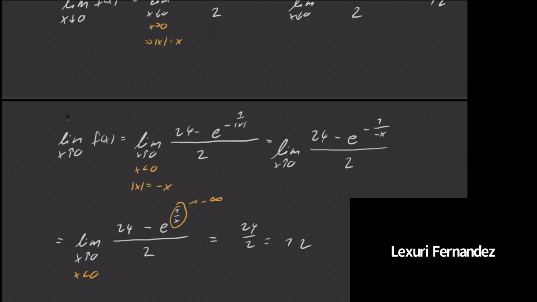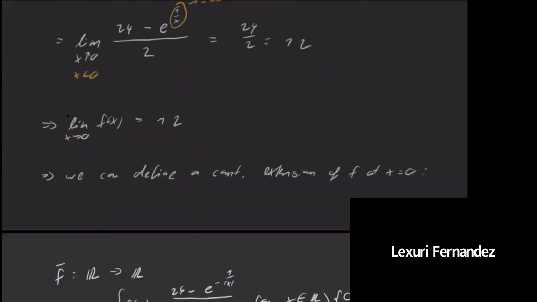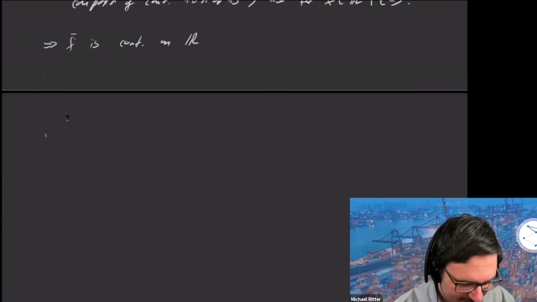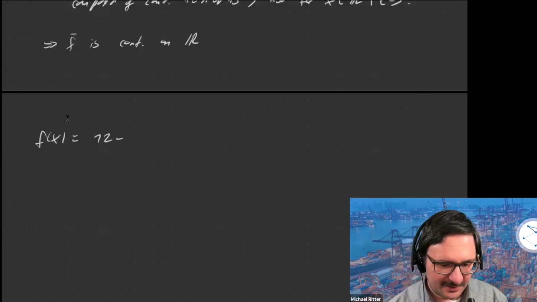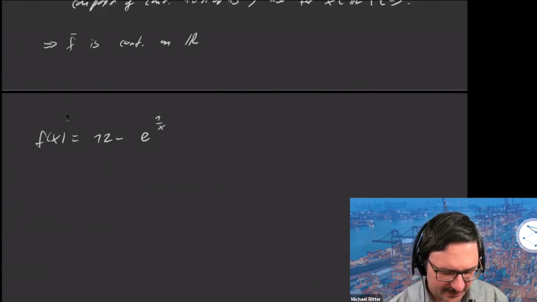Okay, then there is a question that says, for central exercise 10.3, I split the function up into f of x equal to 12 minus the exponential of 1 over x, divided by 2. Let me write this down. So you divide that function into f of x equals 12 minus exponential of 1 over x, like this?